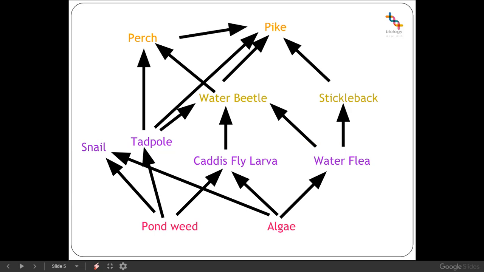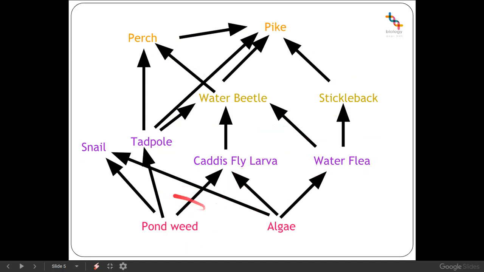So that takes us all the way up to our final few options right at the top of our food web. So you can see from this food web that the pike itself is our top predator in this particular food web. There is nothing coming along to eat it. It's gaining all of the energy from all of the other organisms that it eats, and also gaining the energy which is passed on from the organisms below it in the food chain.